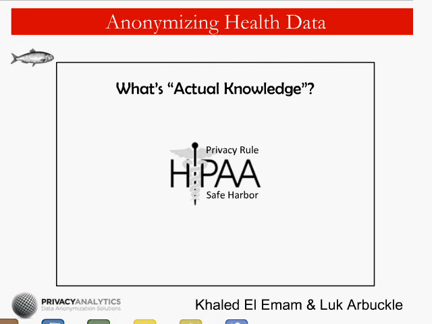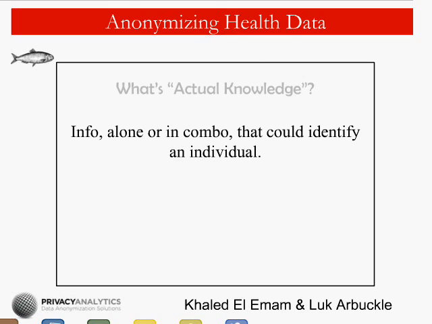So the HIPAA safe harbor also has a requirement that's called actual knowledge, and this is an important requirement in safe harbor, and it's important not to forget that. In addition to removing the 18 variables, you must also demonstrate that there's no information in the data set alone or in combination that could identify an individual.